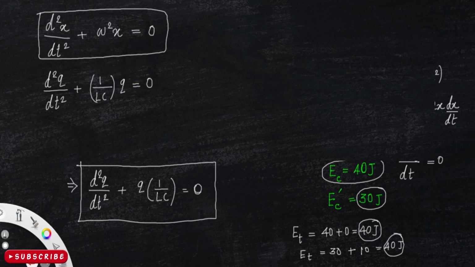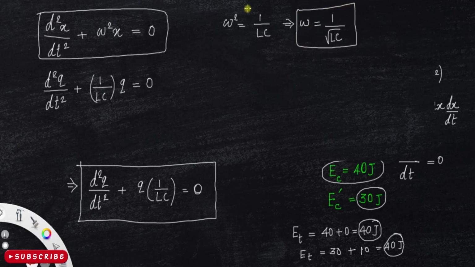Comparing these two, you will get omega square, which is the angular frequency of oscillation, that is the coefficient of x. Here the variable is in terms of q. So when comparing these two equations, you will get omega square equal to 1 by LC, which gives omega equal to 1 by root of LC. Clear?